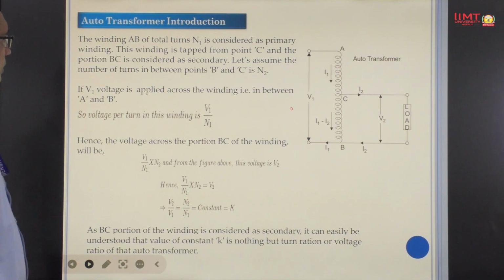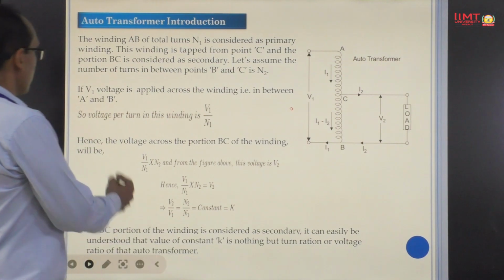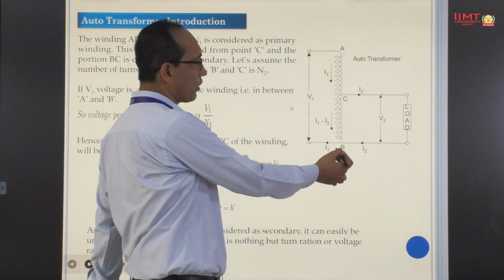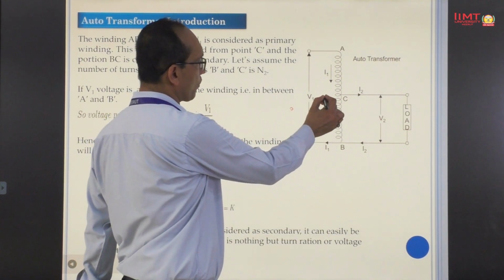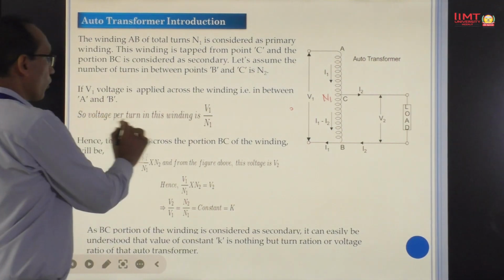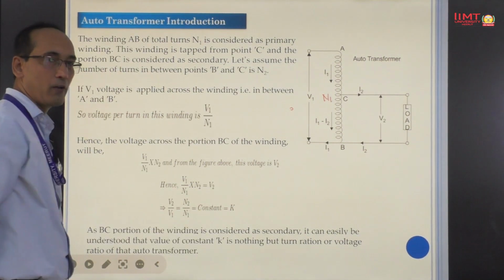In the auto transformer, the voltage distribution is like this. This is the primary voltage V1 and the number of turns is N1 here. So obviously the voltage per turn in this winding will be V1 upon N1.